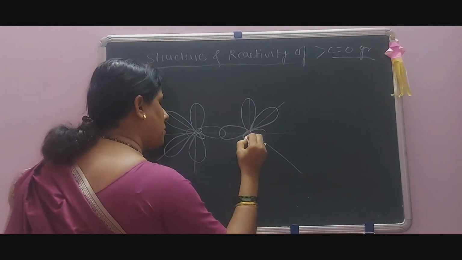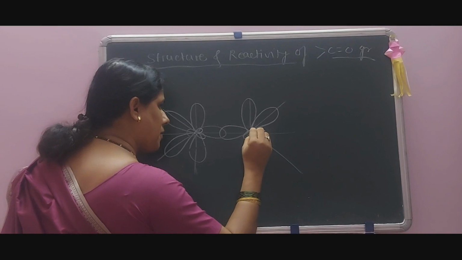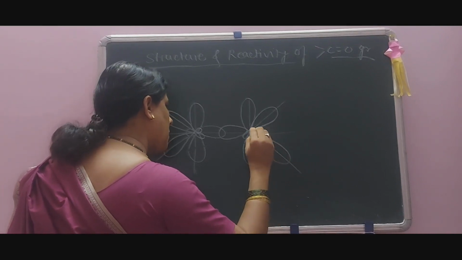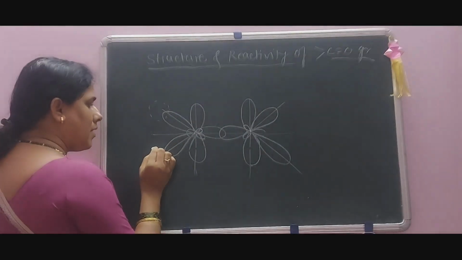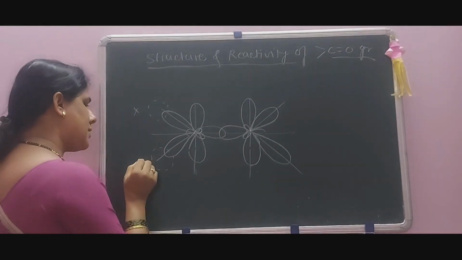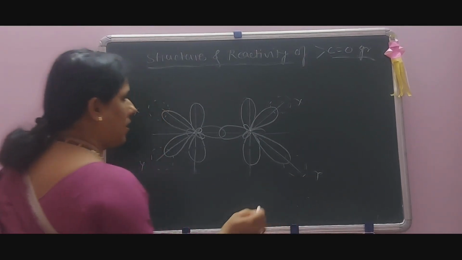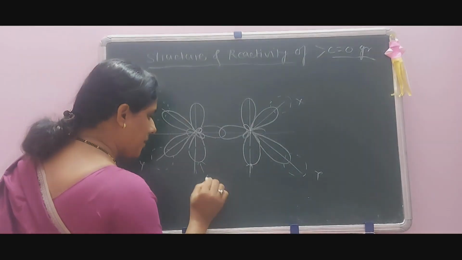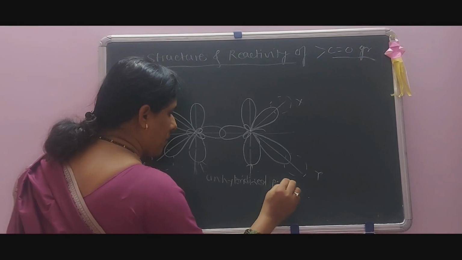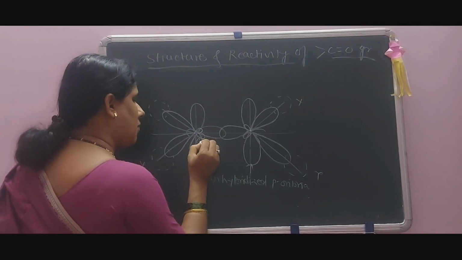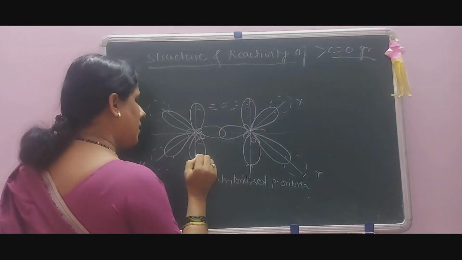Here there may be X, here Y, here also X, here also Y. Now this is the unhybridized p orbital, the p orbital of carbon and this of oxygen. The lateral overlapping of the orbitals takes place like this.